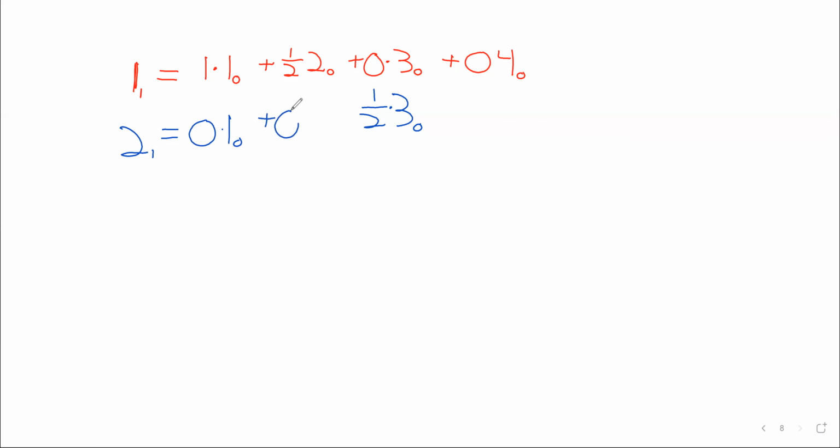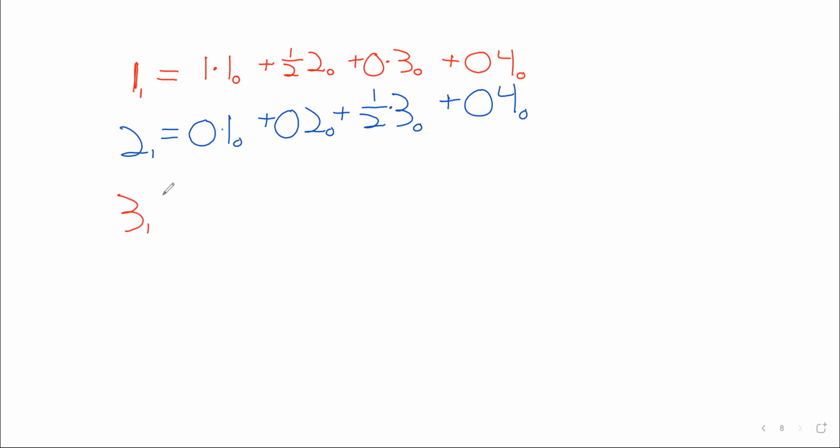Likewise, there's a chance we start in state 2, but if we start in state 2, we're not transitioning to state 2. And there's a chance we start in state 4, but if we start in state 4, we're not transitioning to state 2.